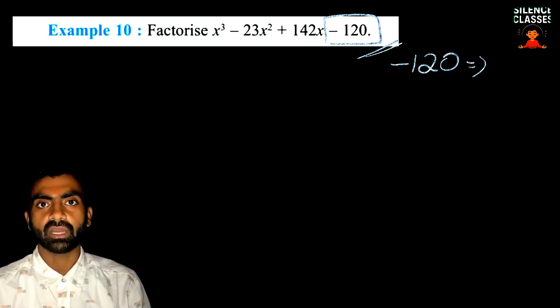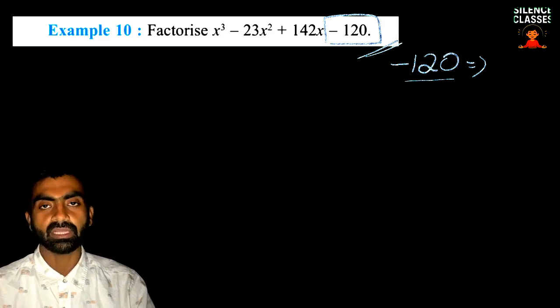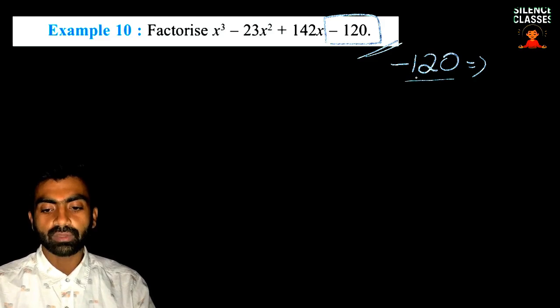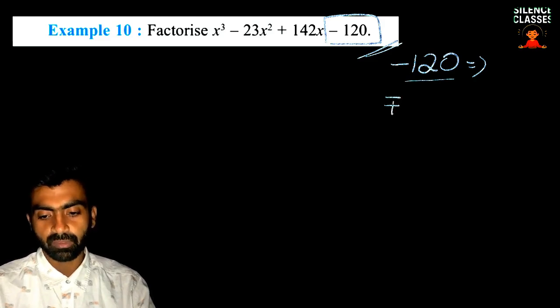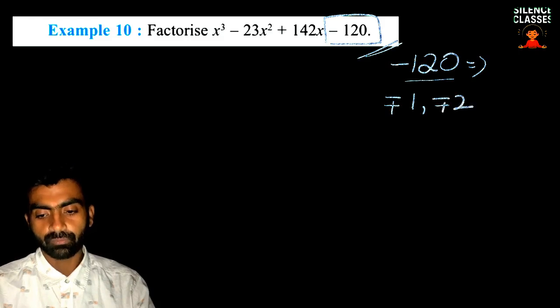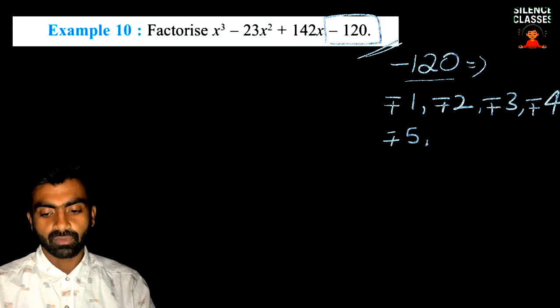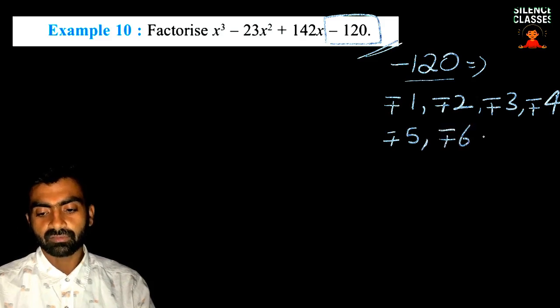Now we have to check which numbers 120 is divisible by. So 120 is divisible by plus minus 1, plus minus 2, plus minus 3, plus minus 4, plus minus 5, plus minus 6, and so on.